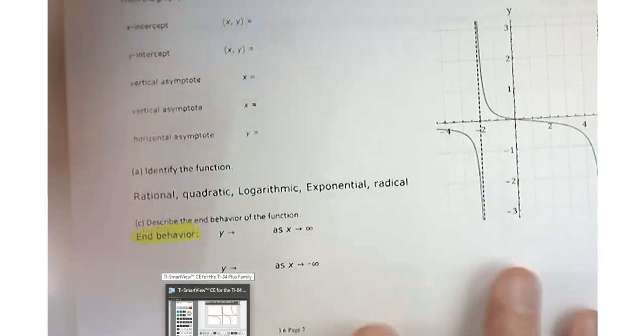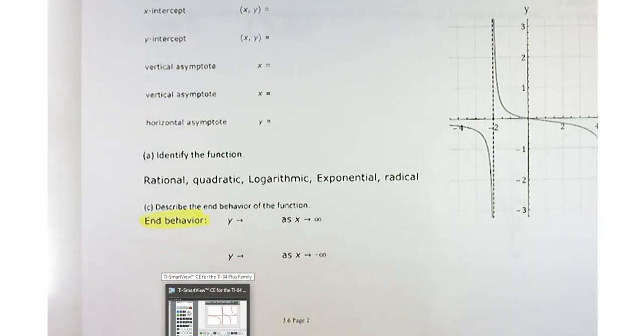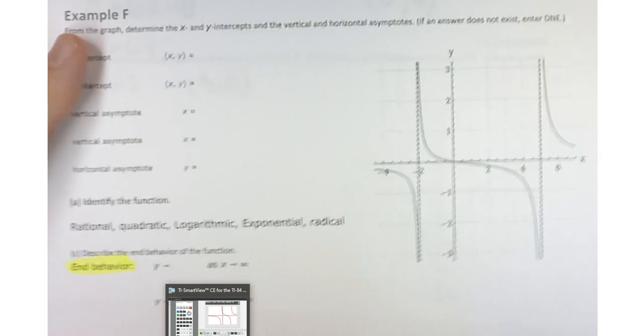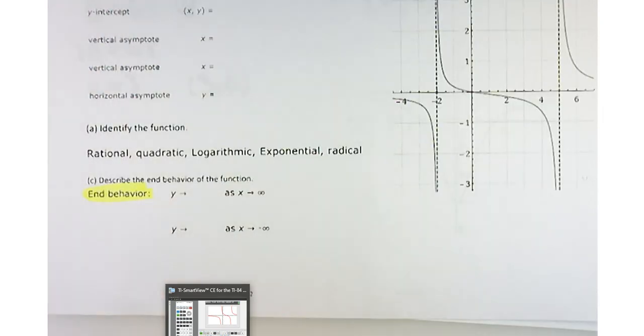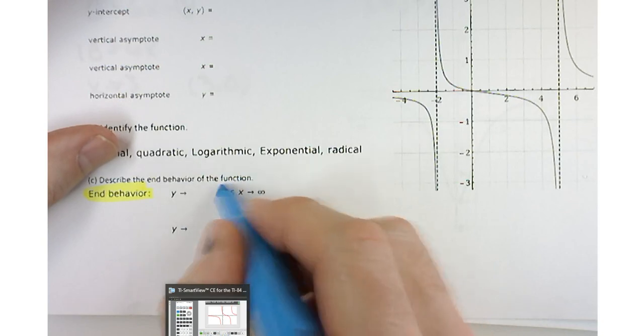Okay, let's look at the end behavior. We're referring back to this graph. The end behavior of a function is what happens when you're getting out very, very far along the x-axis. For instance, as x approaches infinity, let's look at what happens to this graph.